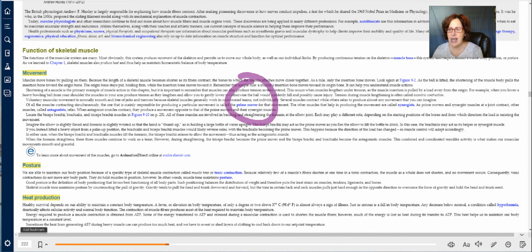So if I decide I want to flex my hand, there are certain muscles that are the primary muscles that are going to make that happen. However, no muscle works on its own. The helper muscles are called synergists, and those are the ones that work with the prime mover to accomplish that motion.